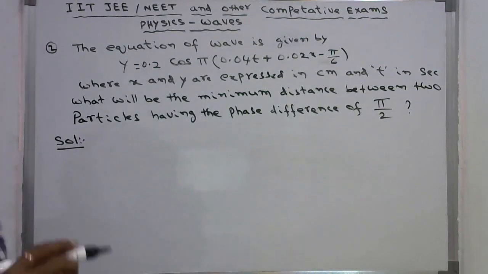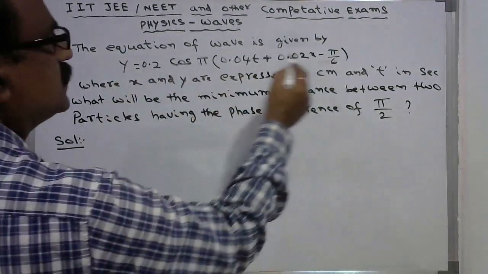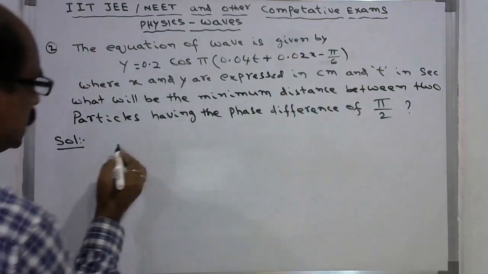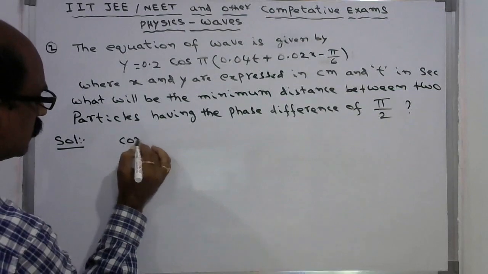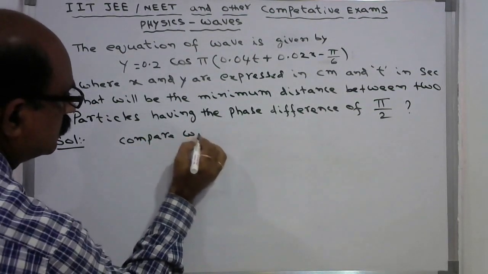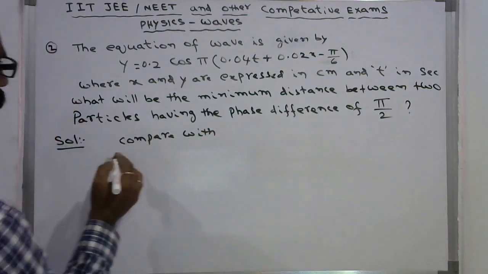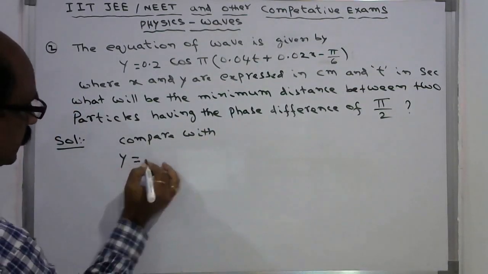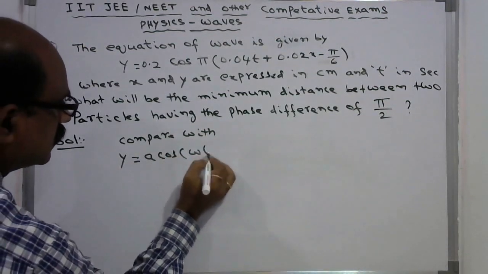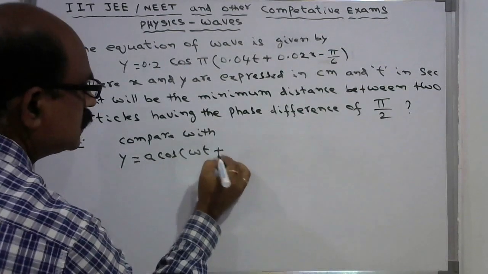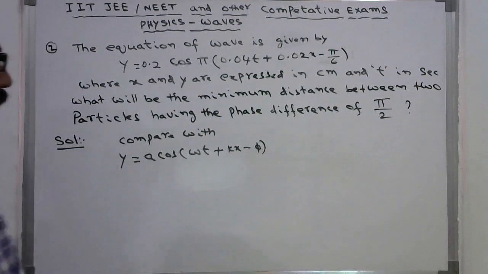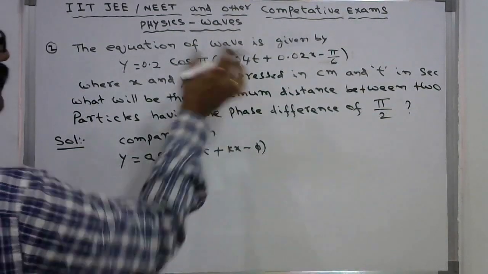Now we have to compare this equation with the standard equation. Y is equal to a cos (omega t plus kx minus phi). This is the standard equation with which we have to compare this.